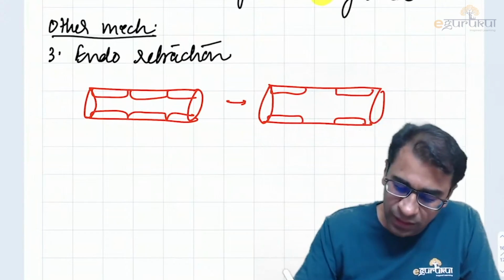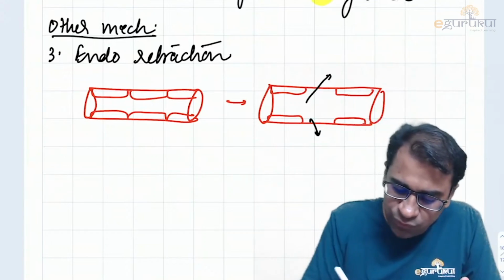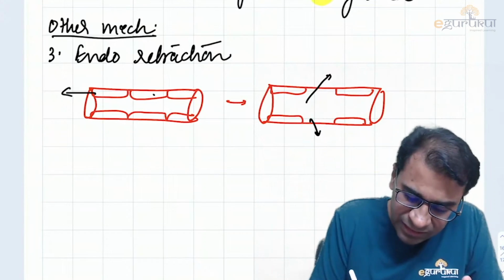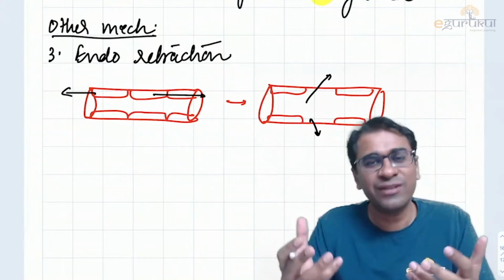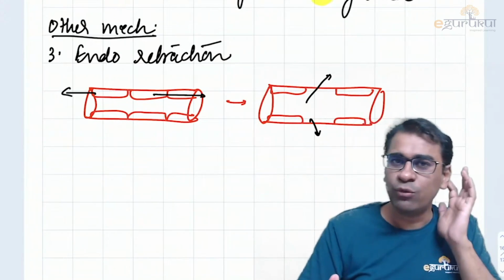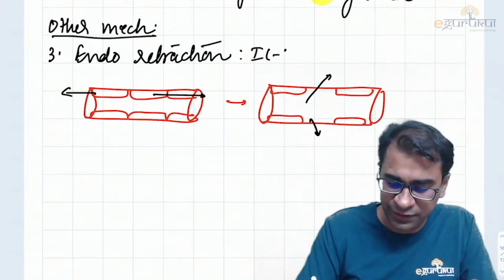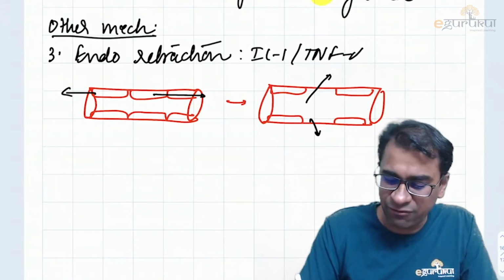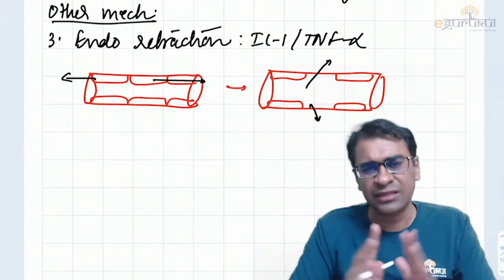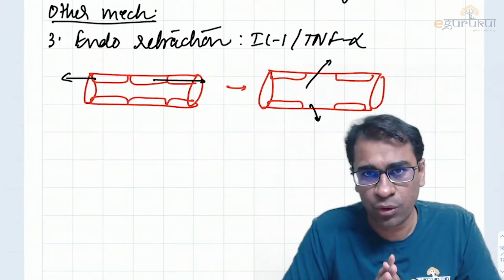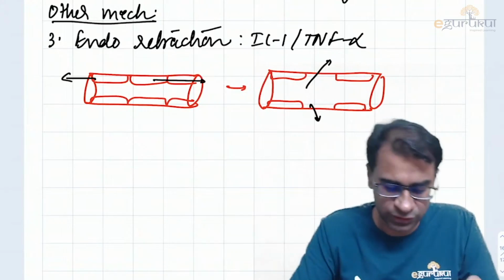But many books ask, once this endothelium has gone, where have they gone? So many books say it is not a valid mechanism. Retraction occurs because of interleukin 1 and TNF alpha. It's a delayed and prolonged response.